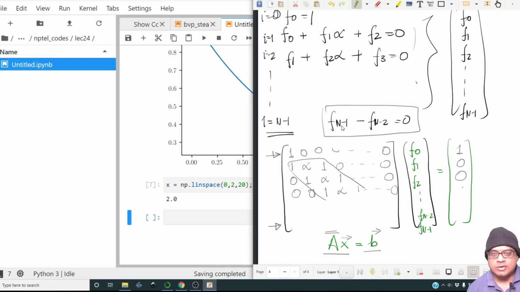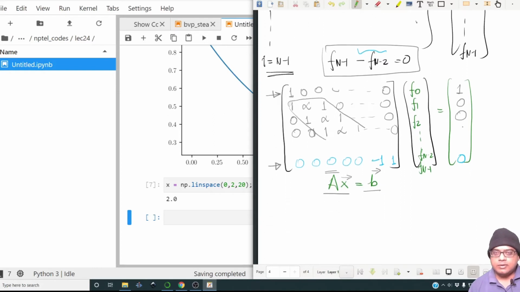So this is minus 1 over here, and this is going to be 1, and this is equal to 0. All these others are going to be 0. This is minus 1 times f(n-2) plus 1 times f(n-1) equal to 0. Alright, great.